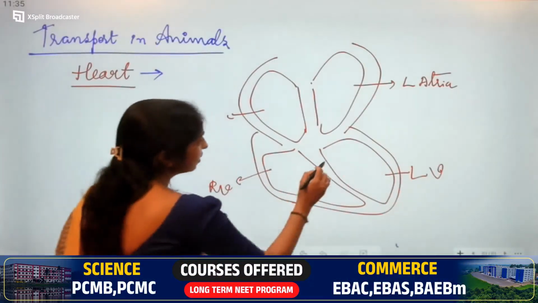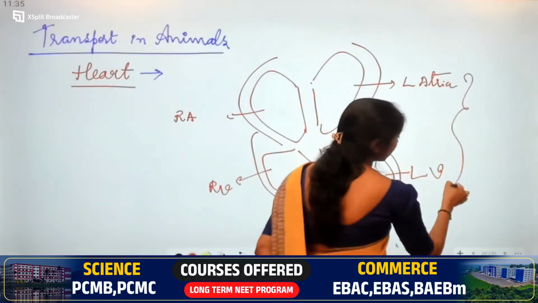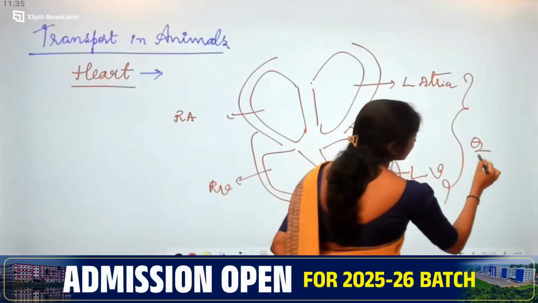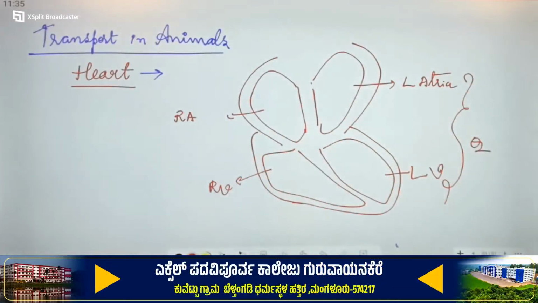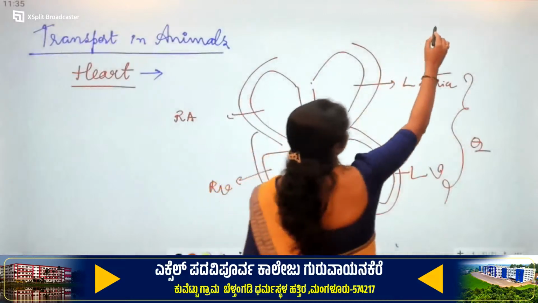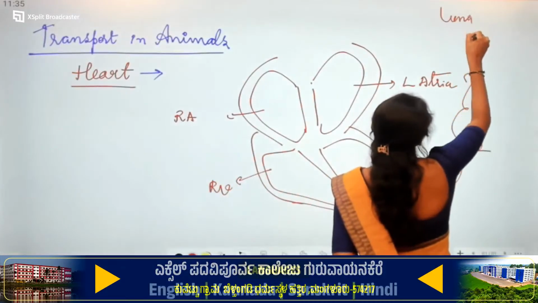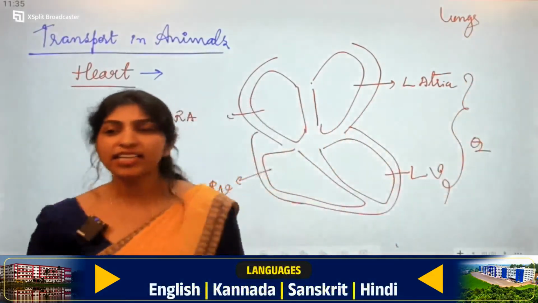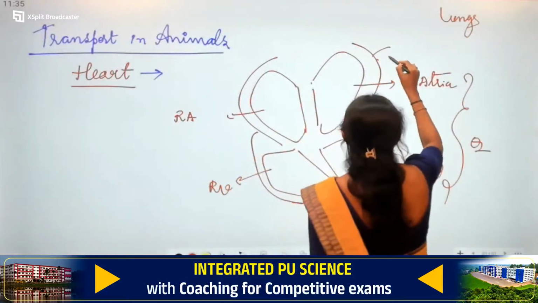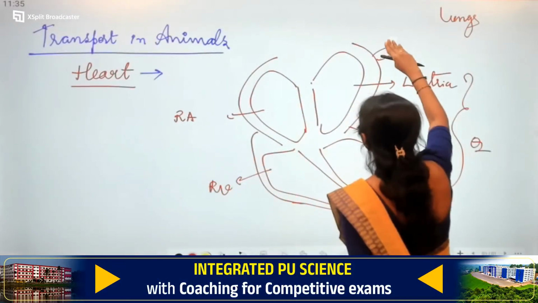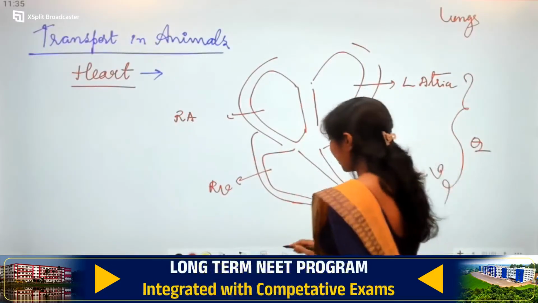Then you know the left side deals with oxygenated or deoxygenated blood? Oxygenated blood. So who will carry the oxygenated blood from the lungs? That will be carried by the pulmonary veins.